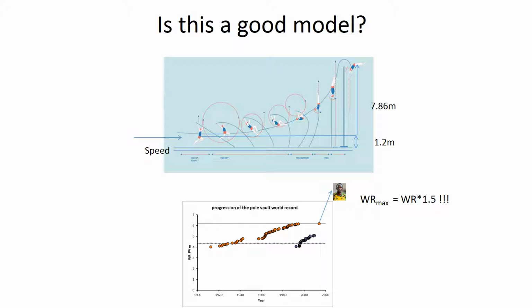And when you're running, your centre of mass is not on the ground, it's maybe 1.2 meters off the ground. So you've got to add that on to the 7.86 meters, which suggests we would have a world record somewhere around 9 meters, which is considerably higher than the world record is now.